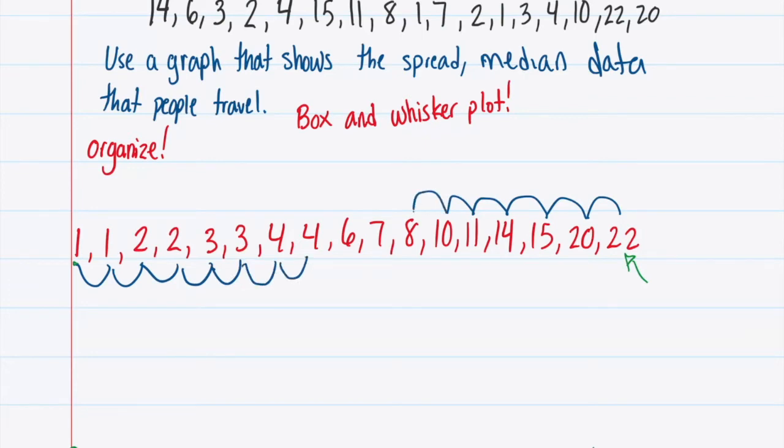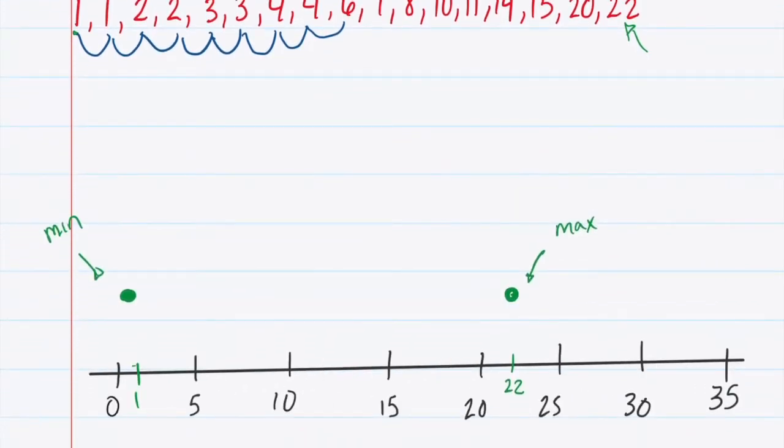Getting closer, and look at that. We get to the same number, which is 6. 6 is actually going to be our median. So the number 6 right there, that's going to be our middle.